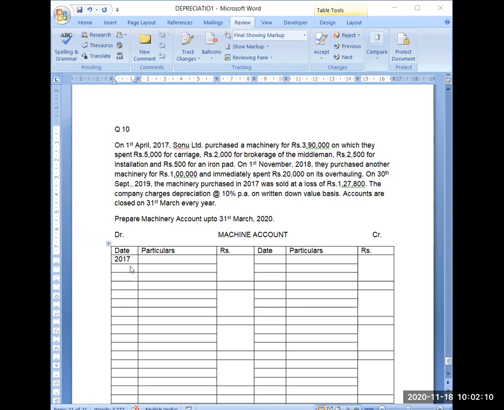Okay. So the purchasing date is April 1. To bank account, and the amount of purchase is 3,90,000.